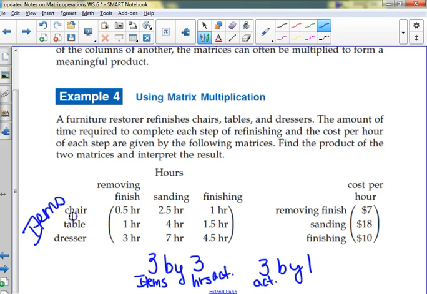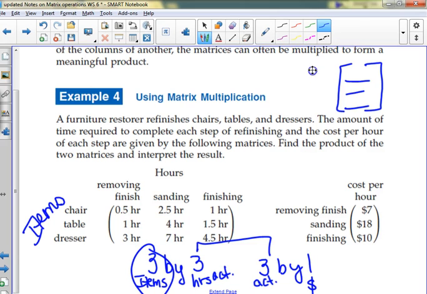It's not the items. The items were chair, table. Everybody good? Got me confused for a minute there. And this is the dollars, yes? If we multiply these two, they match up, and it will be a 3 by 1 that will tell us what 3 things. Yes, chair, table, dresser, and this will be some kind of total cost. Okay? Yes, dollars.